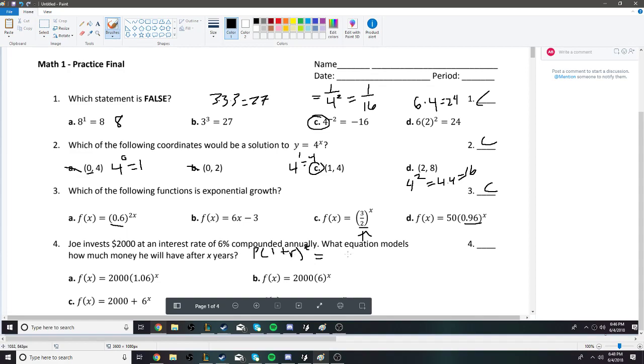So P is the principal, that's 2,000. 1 plus R needs to be written as a percent, so you need to move the decimal over 2 places. So this is 0.06 to the x power. So this is 2,000 times 1 plus 0.06 is 1.06 to the x power. Your answer is A.